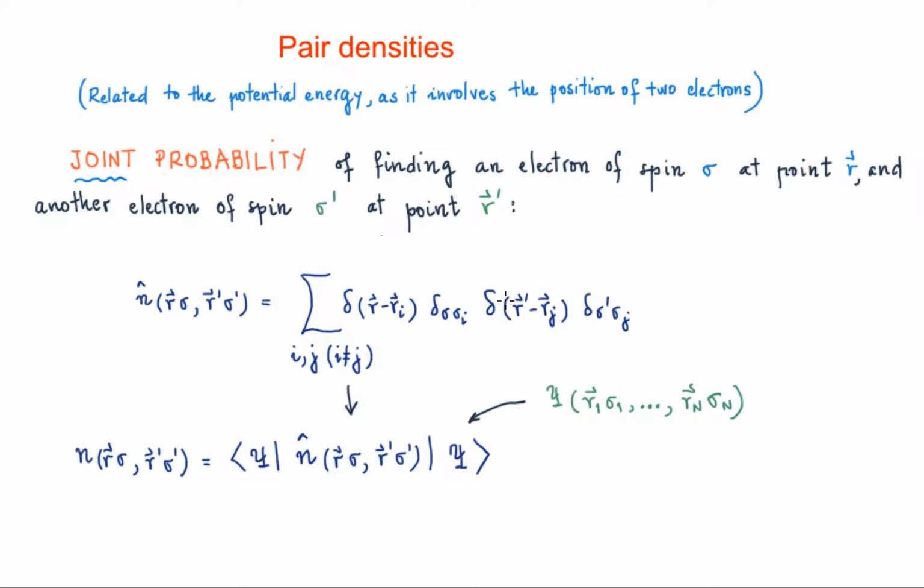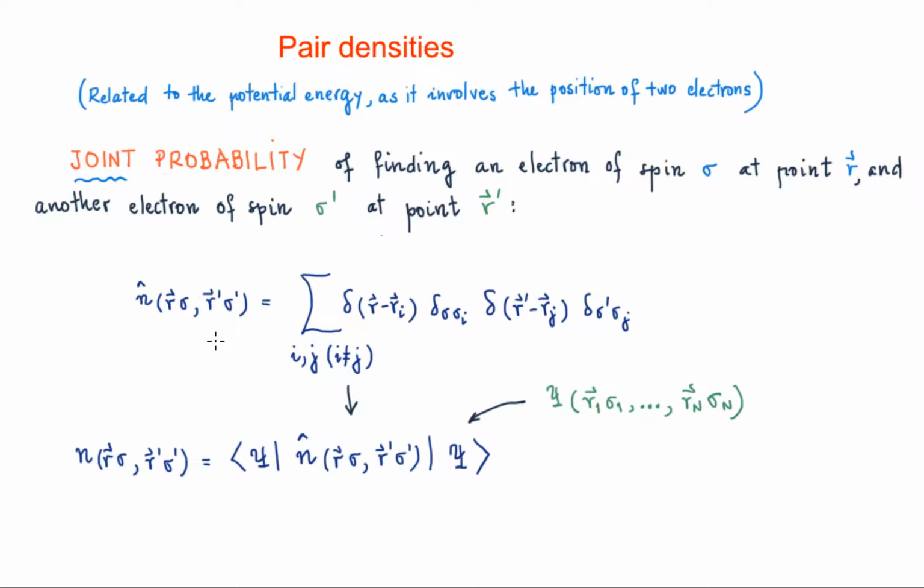And then, as we have n electrons, what we have to do is sum over different possibilities we might have for i, for j, of course, considering that i and j cannot be the same because they are different electrons located in different positions. Okay, and this is therefore the operator we have for the pair density.